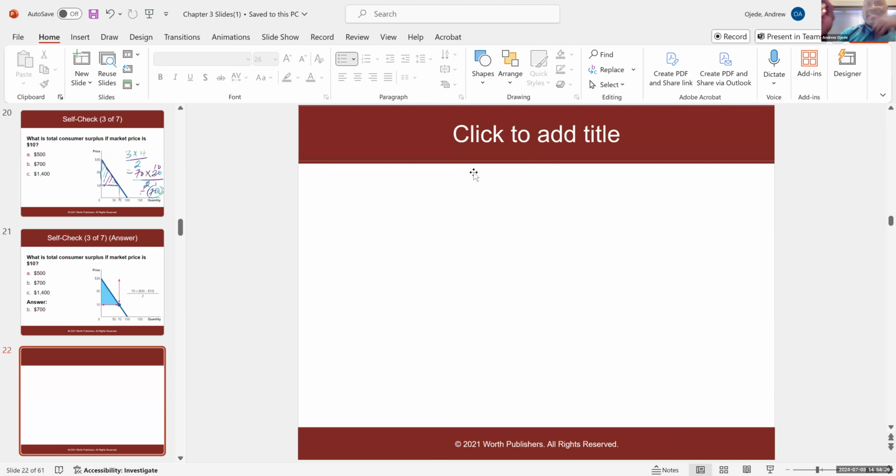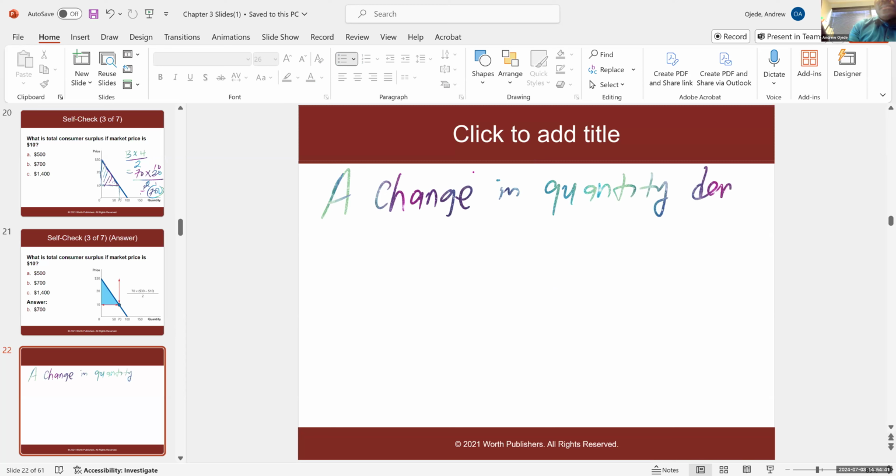There's a difference between a change in quantity demanded versus a change in demand. Those are two different concepts.